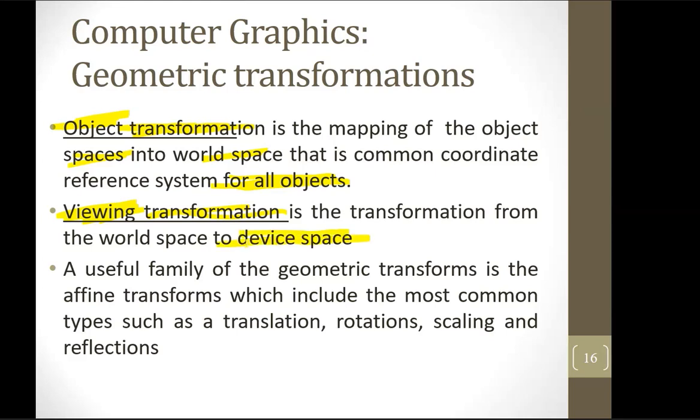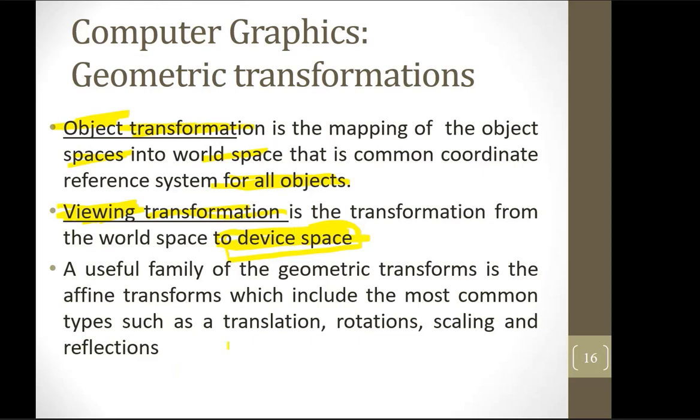The device space here is, for example, the screen, which will show us an image. So the viewing transformation means we are moving from the world space to a view, and the view depends on the hardware that you are using. That's why we are talking about the device space.